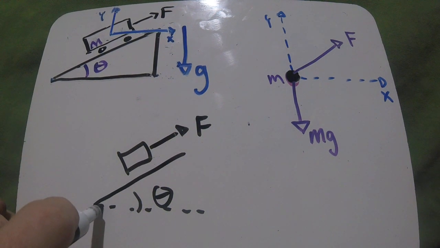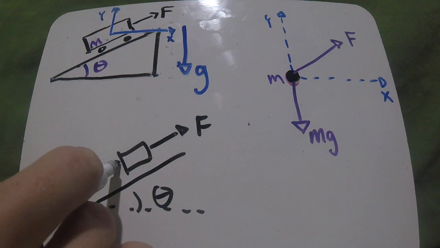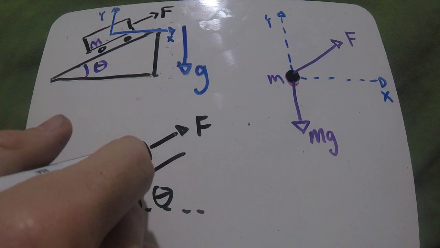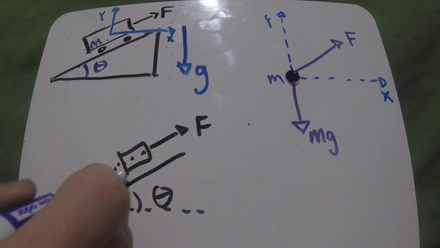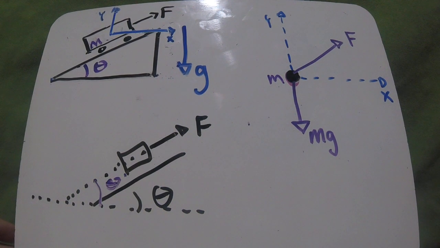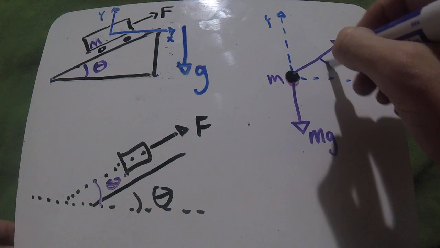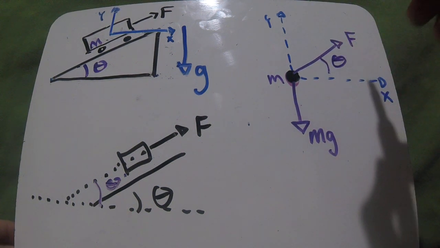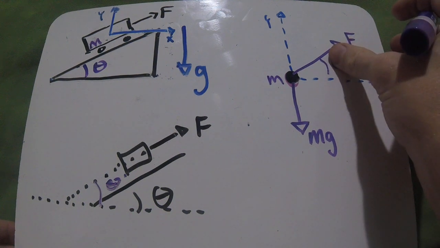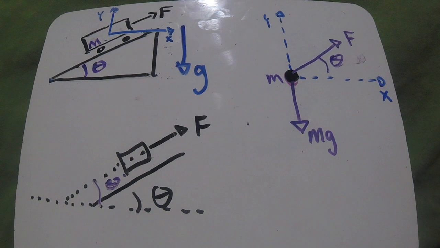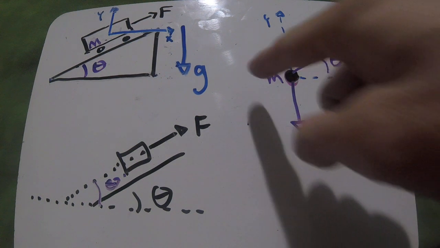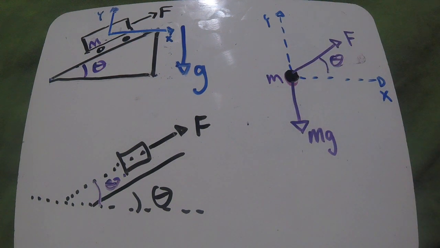And if I extend my x-axis this way, and I pull this line back here, I'll find that this angle is the same as this angle right here. So then F can be said to be acting at angle theta from the horizontal, or, as we've defined it, from the x-axis.